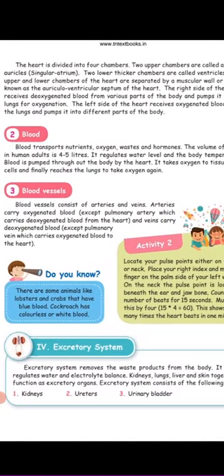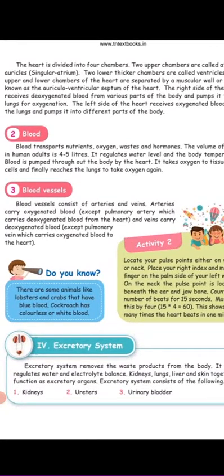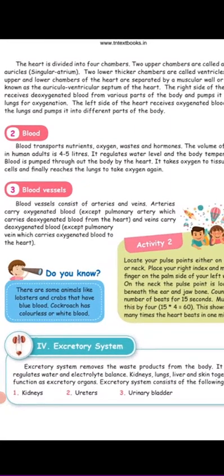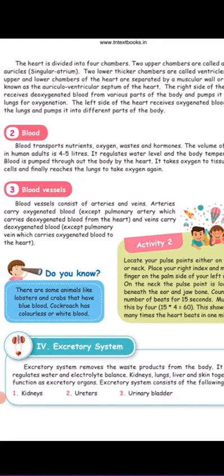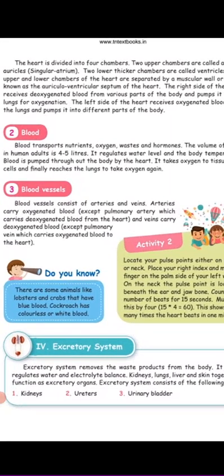Where will the oxygenated blood be, on the right side or the left side? In which side of the heart will it be? Yes, on the left side. And veins carry deoxygenated blood. What are the veins carrying? Deoxygenated blood. The arteries carry oxygenated blood and veins carry deoxygenated blood.